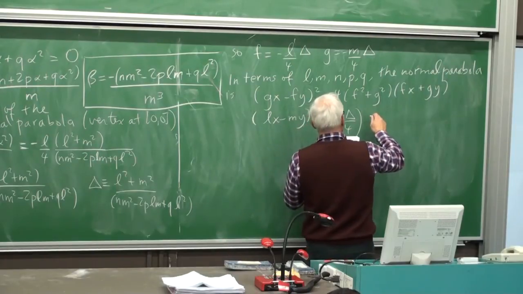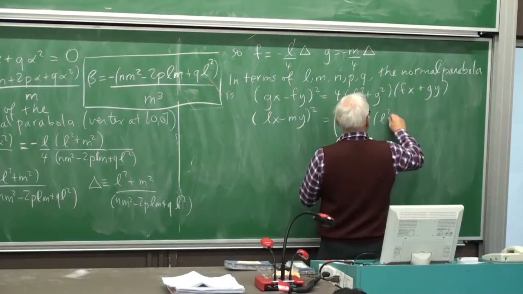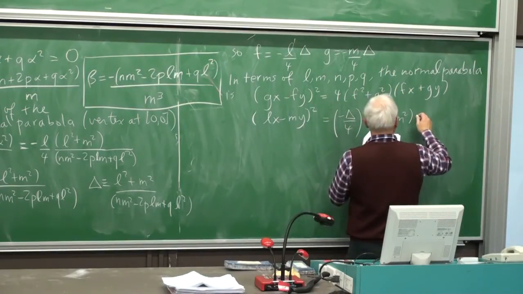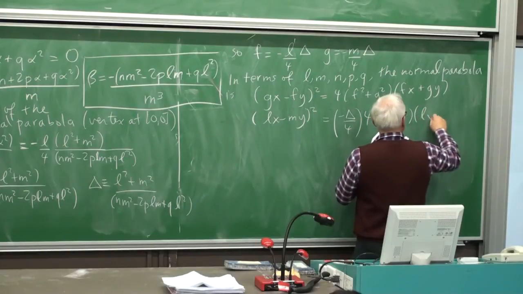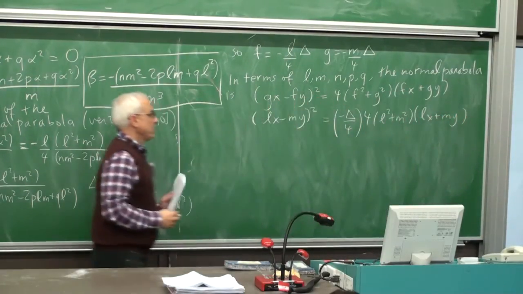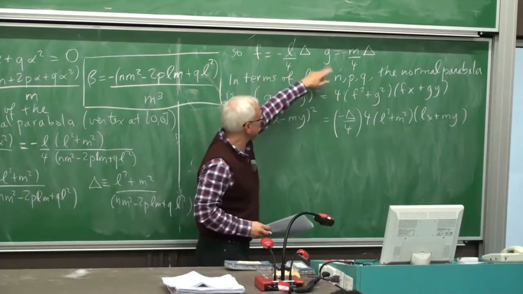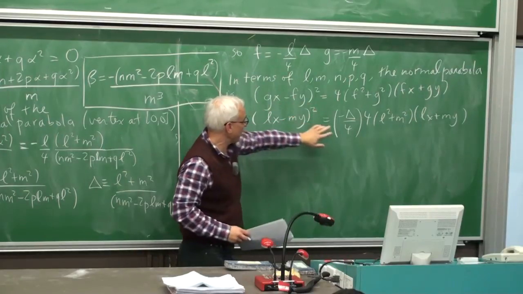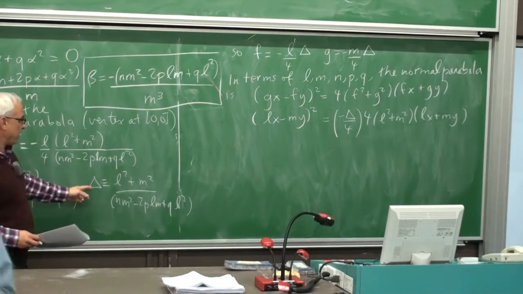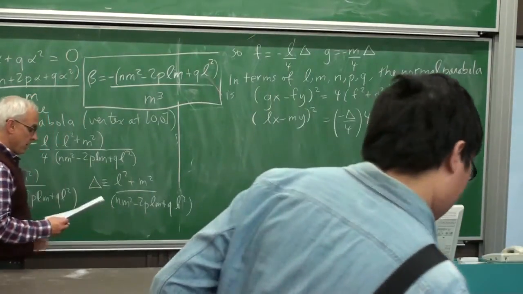And then there'll be times 4(L squared plus M squared) times (Lx plus My). As a result of replacing the f's and g's with these expressions here, bringing the minus delta over 4's out, there's only one of them right there. And here's delta back here, so it's L squared plus M squared.